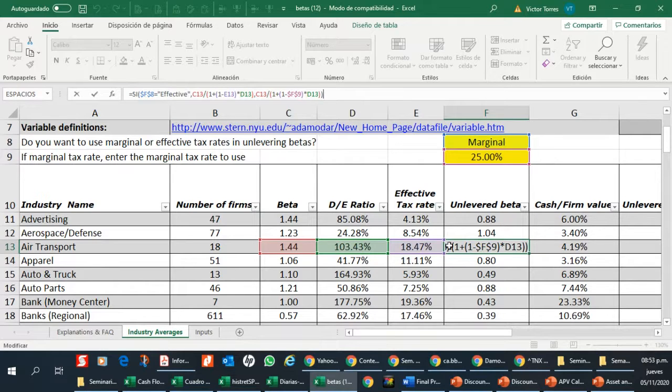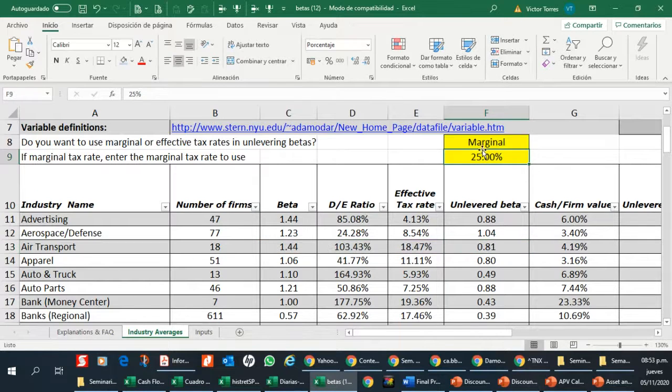What I wanted to highlight is that as long as this says marginal, you are not using the effective tax rate that appears here, which is the actual tax rate that the companies have been applied to. You are using this 25% that appears here. So if you want to come up with the correct unlevered betas, you should change this to effective. Realize that the numbers are tweaking a little bit.